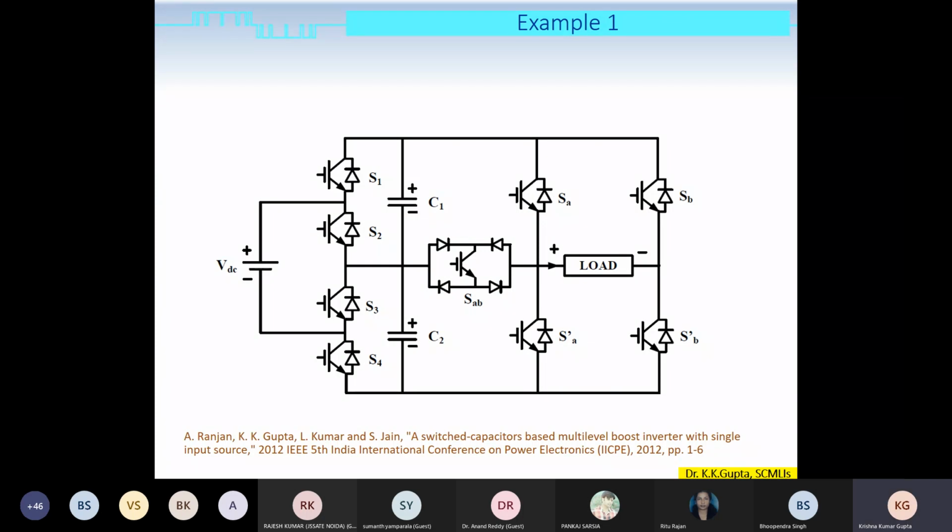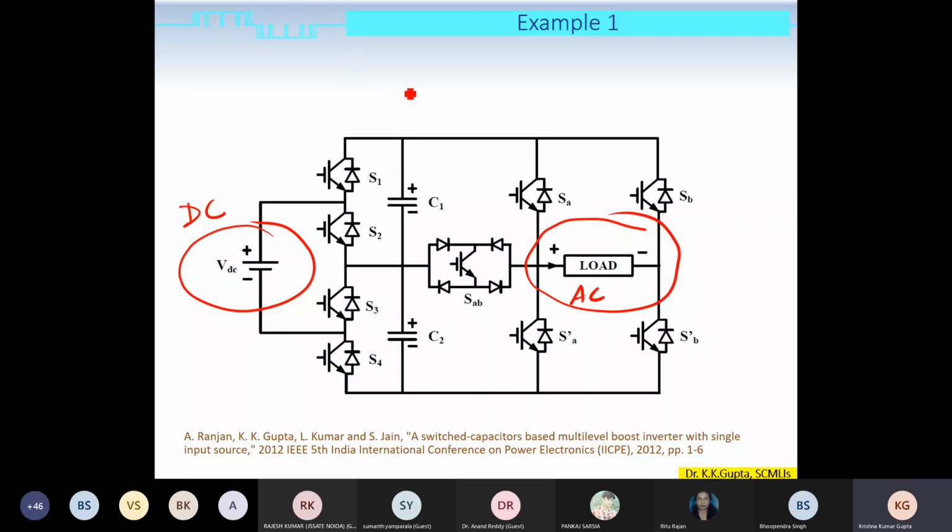So to start with, I'll take the example of a very simple inverter, and I'll show how natural boosting in the inverter itself is obtained. I have shown a structure here. Here this load is an AC load, and I have a DC source here.